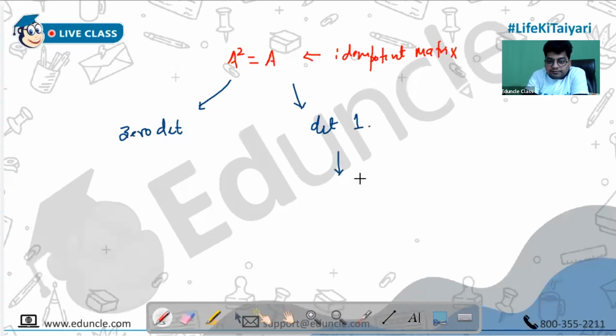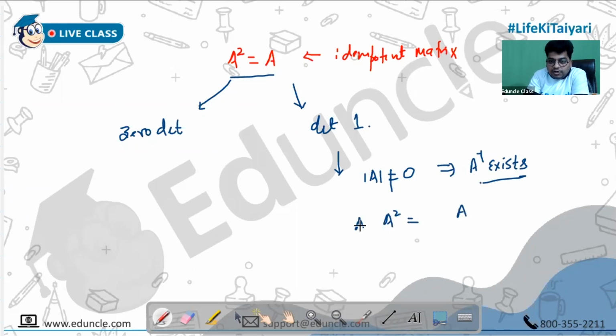If determinant is 1, it means determinant of A is non-zero. It implies A inverse exists. Since A squared is equal to A, you pre-multiply by A inverse, because A inverse exists.